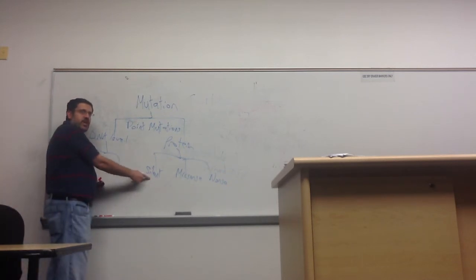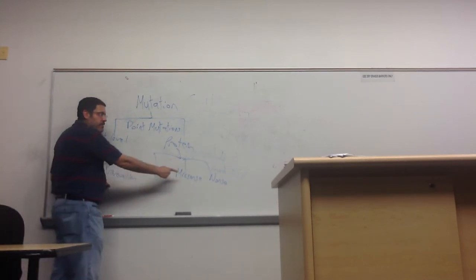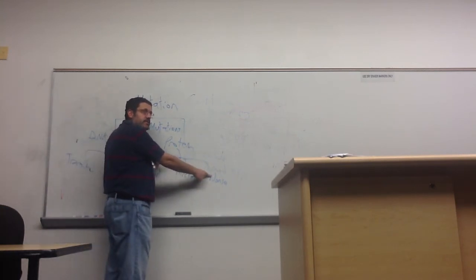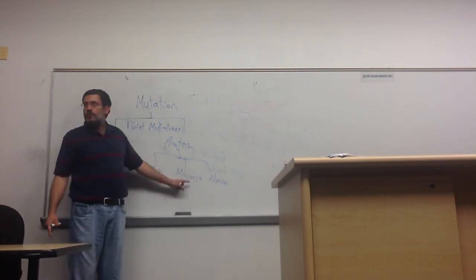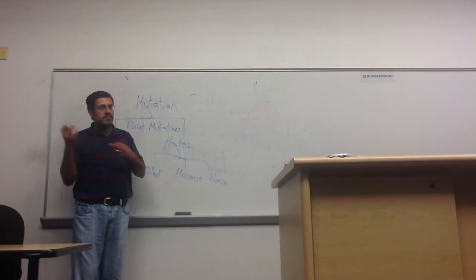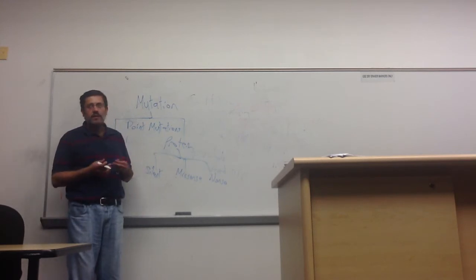Silent does not change the amino acid. Missense changes it. Nonsense changes it to a stop codon. Missense can be neutral if you have an equivalent amino acid: positive, positive, negative, negative, big, big.